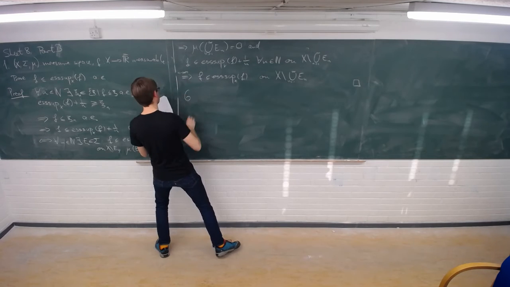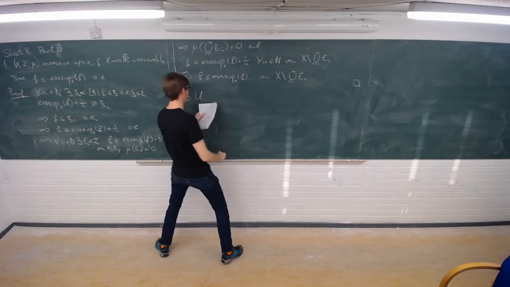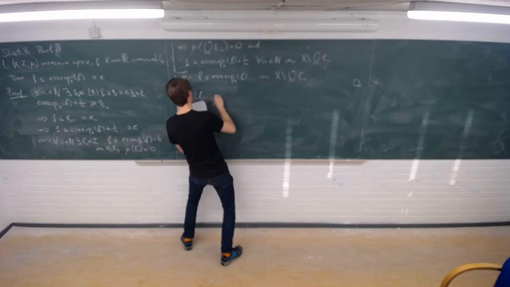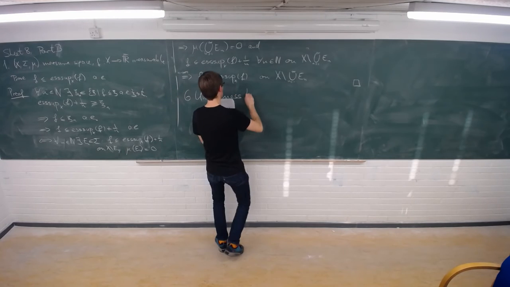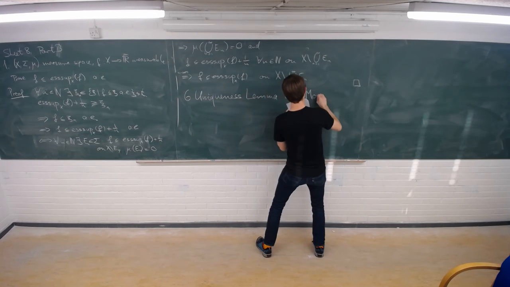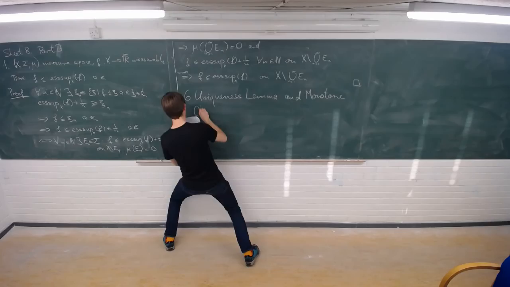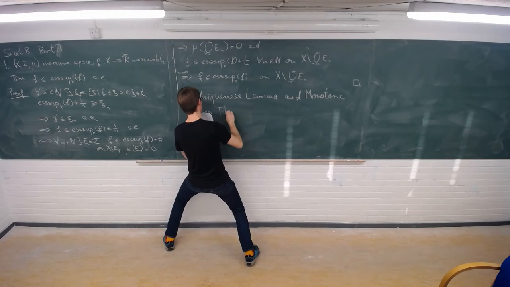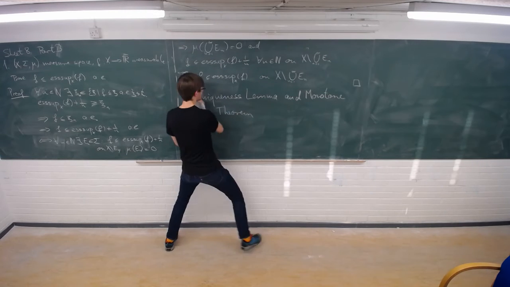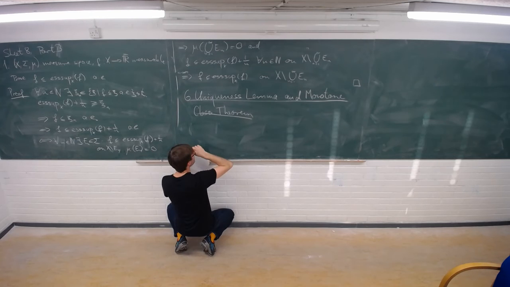So this is section 6 called Uniqueness Lemma and the Monotone Class Theorem. In this section, we ask ourselves a natural question.